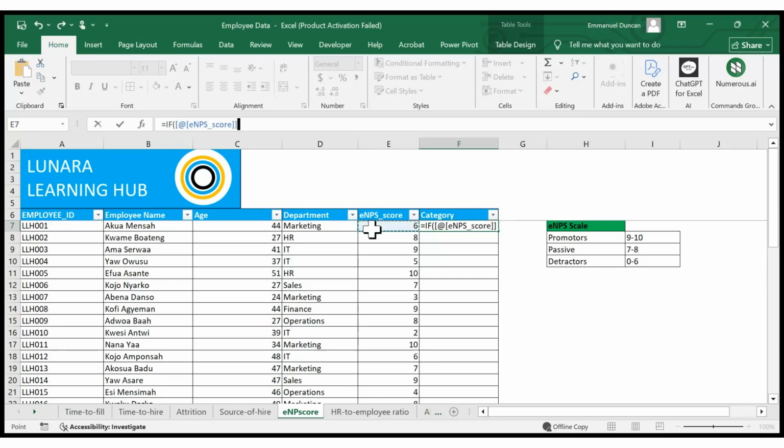You select the net promoter score, if it is greater than or equal to 9, these people are categorized as promoters.